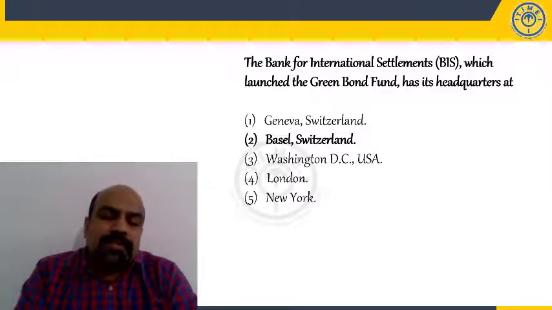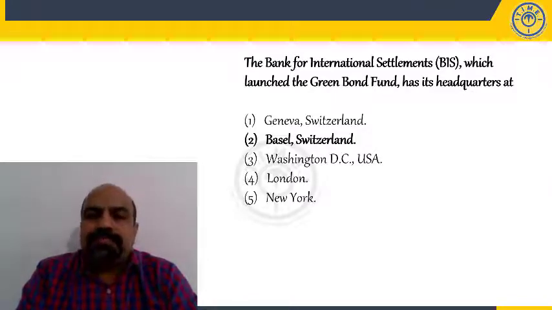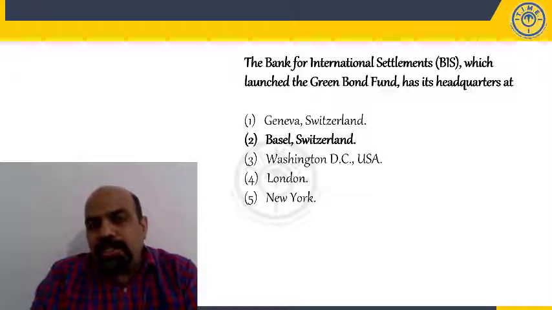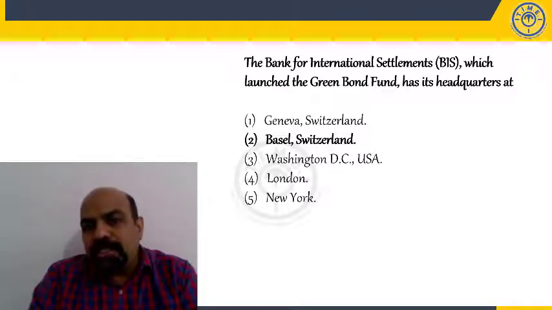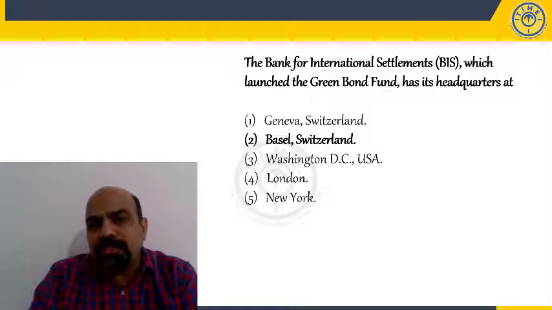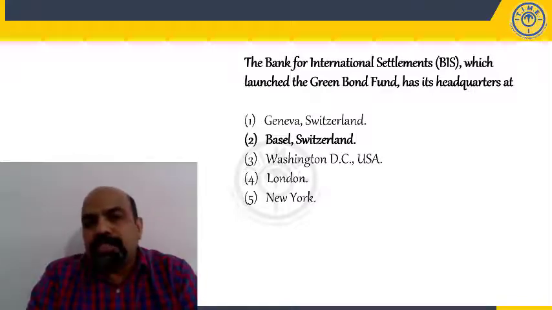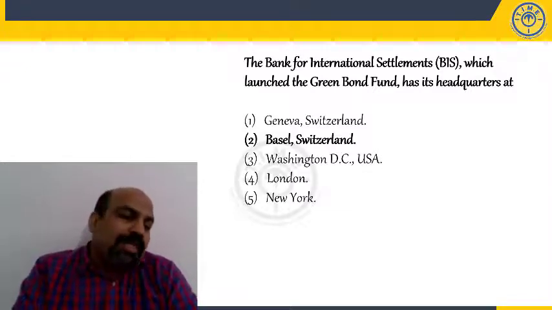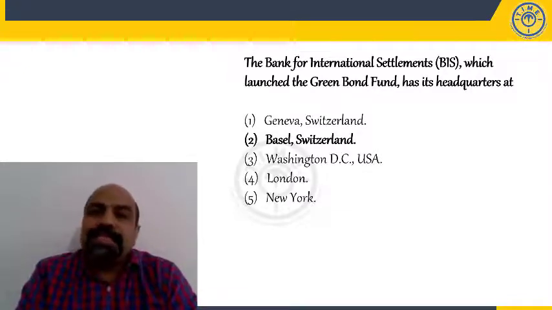Next, chief: Agustin Carstens, in brackets. Where is he from? He's from Mexico.